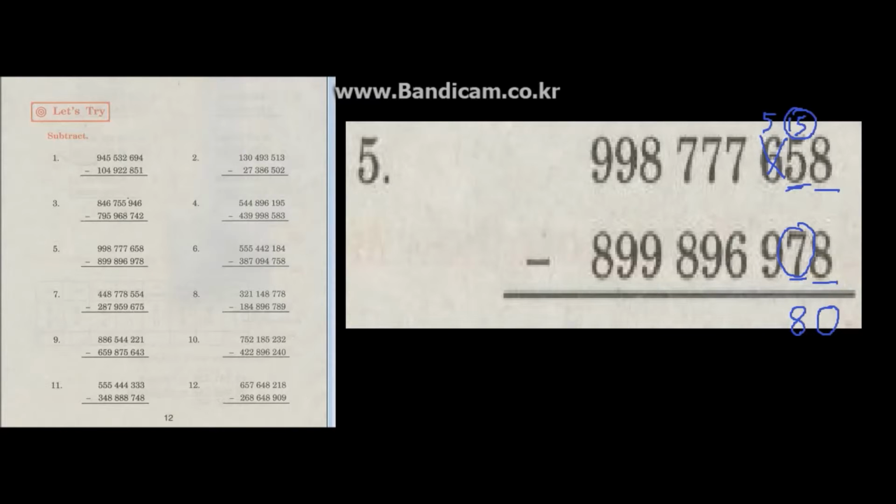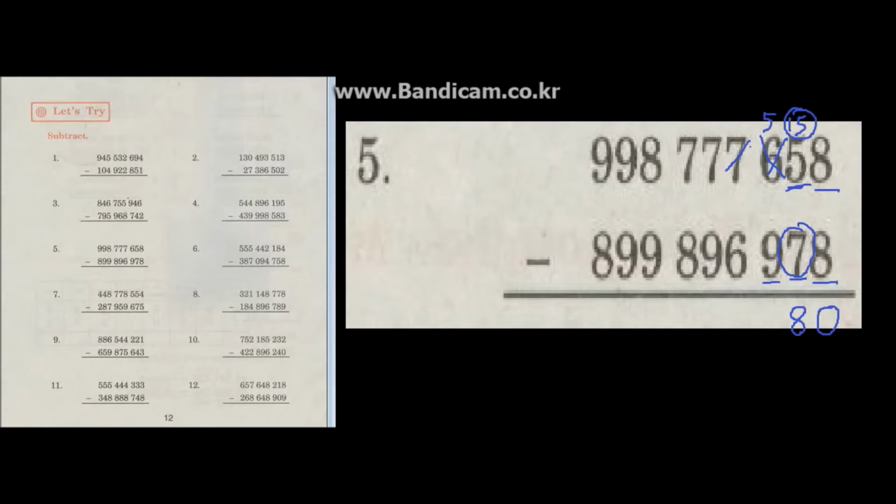Now let's look at the hundreds column. In the hundreds column, the value of the minuend is 5, and the subtrahend value is 9, which this time again, the minuend value is smaller than the subtrahend value. So we should borrow from a column that is one time higher.